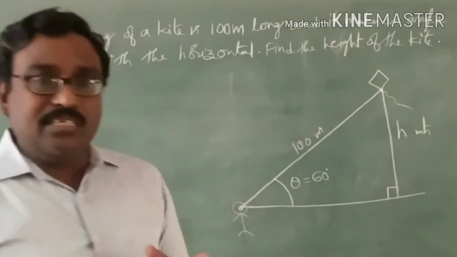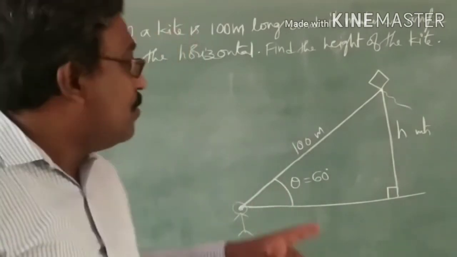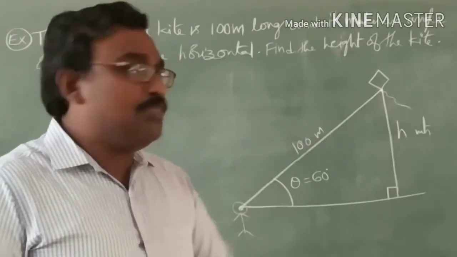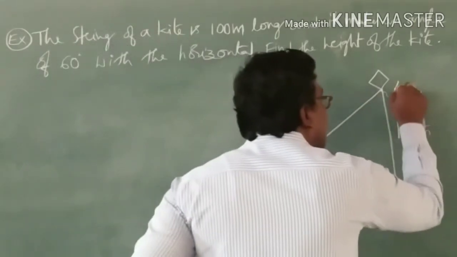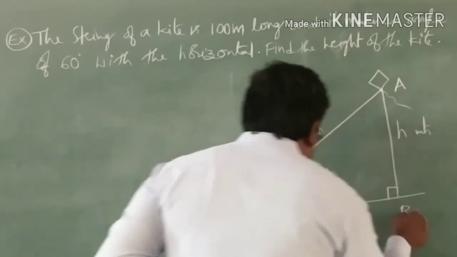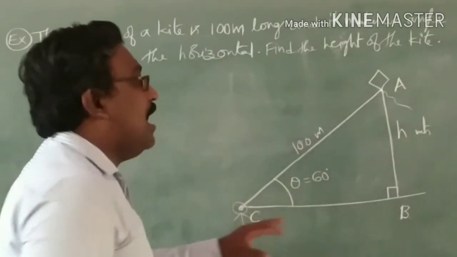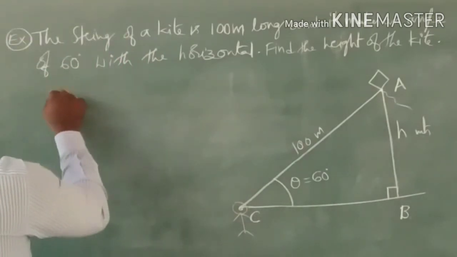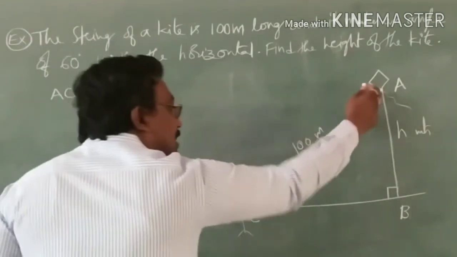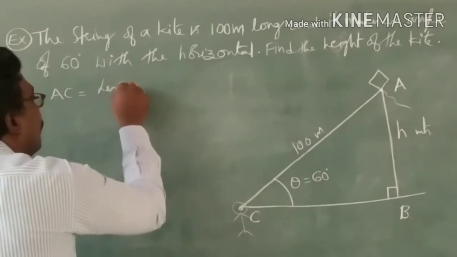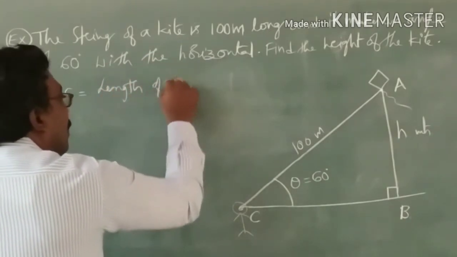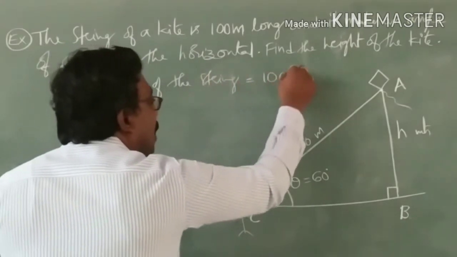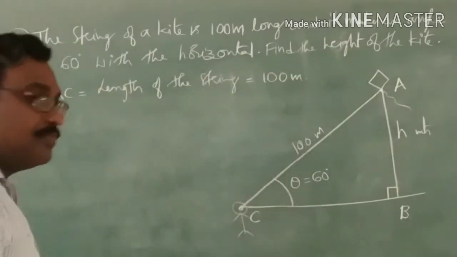This question consists of a total of 3 parts. The first one is the diagram. The second one is the description of the diagram, that is, what the values or positions are. What is AC? The length of the string, which is 100 meters.